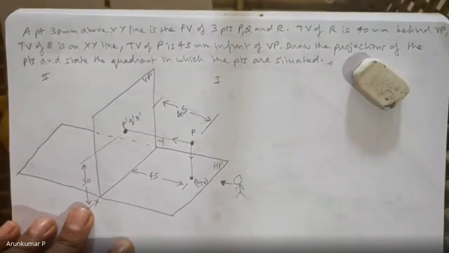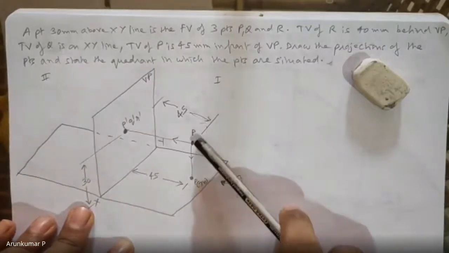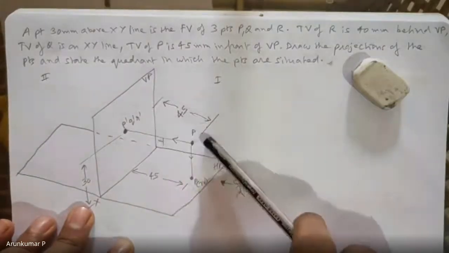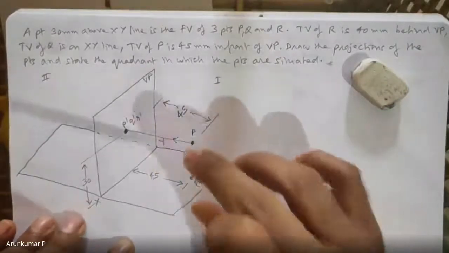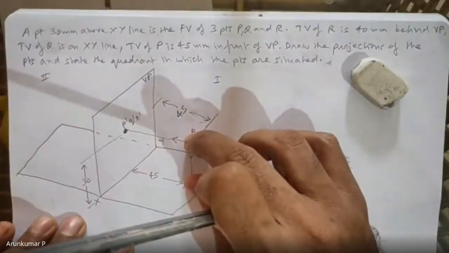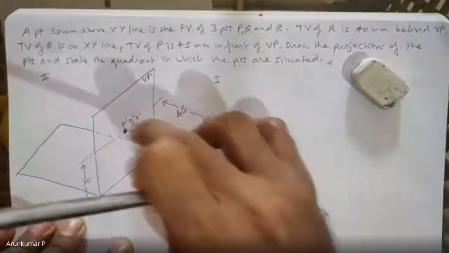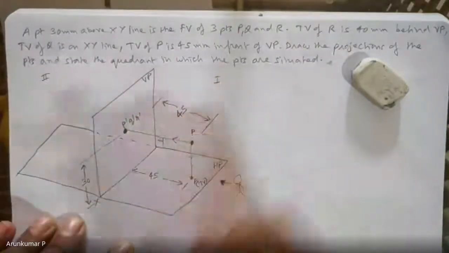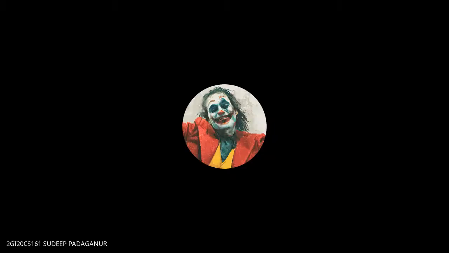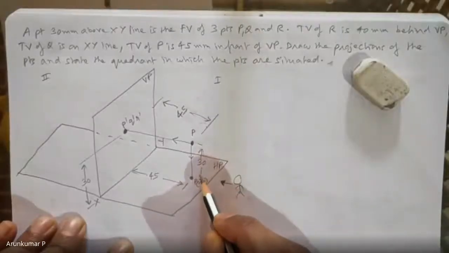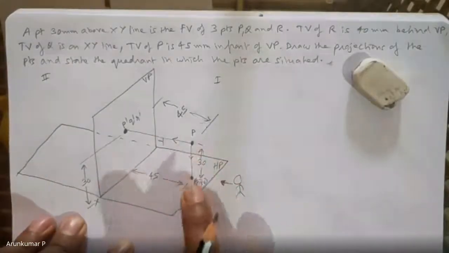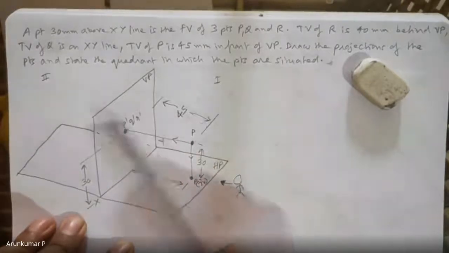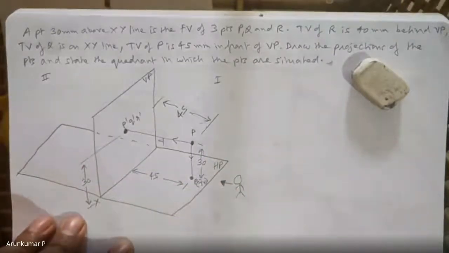Yes. That means this is the location of P. So P is 45 mm in front of VP and how much above HP? How much? What is this length? 30 mm. Exactly. This is 30. So we have located P correctly. Front view is also okay. Top view is also fine.